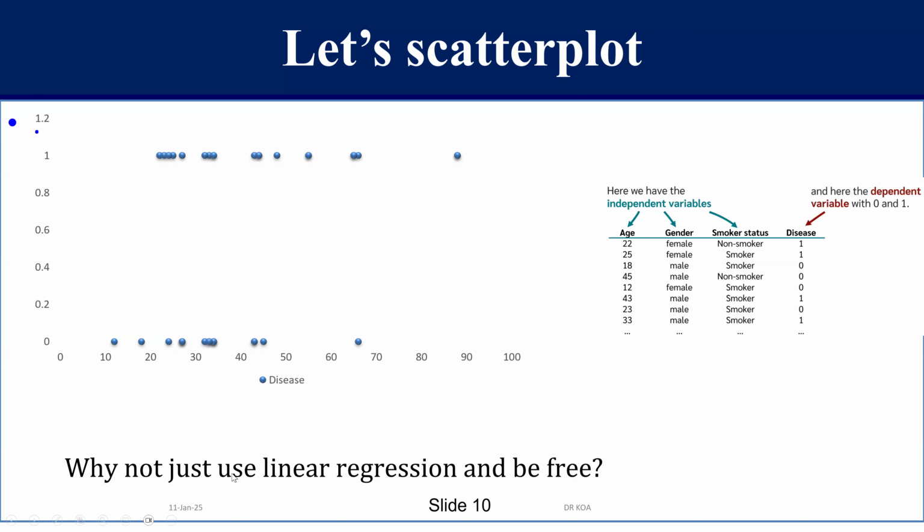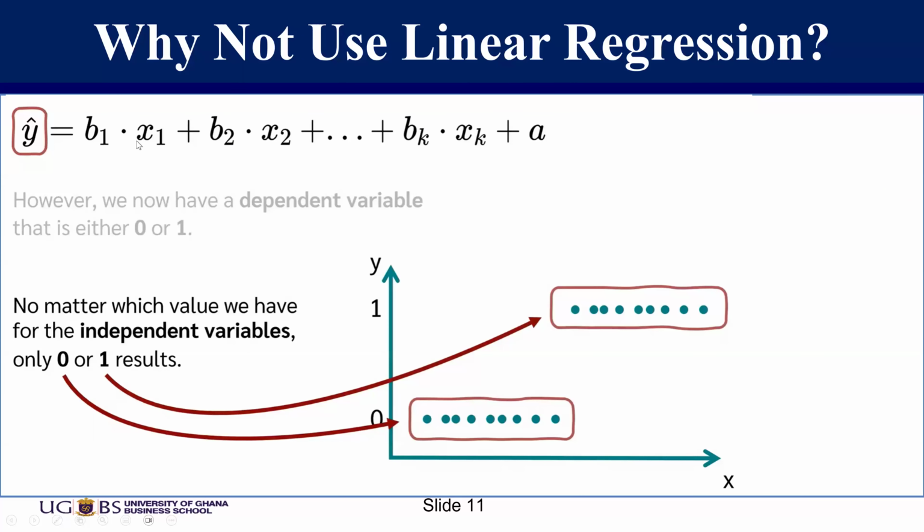That's why I put here, why not just use linear regression and be free? Well, it's a multiple regression model that you can see above. Because the dependent variable is between 0 and 1, no matter the values of the independent variable age, only 0 or 1 is going to result. You are either going to get 0 or 1.